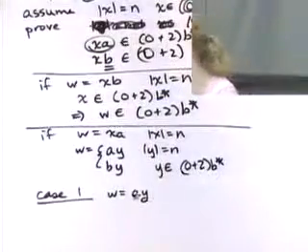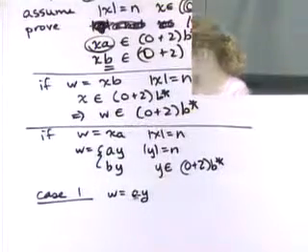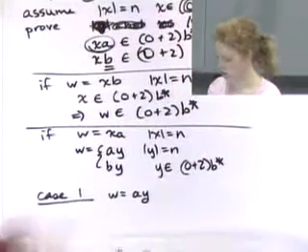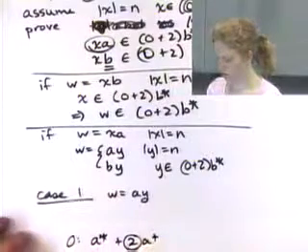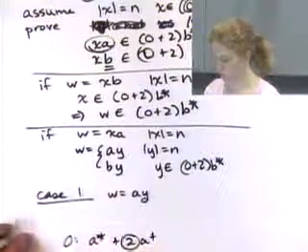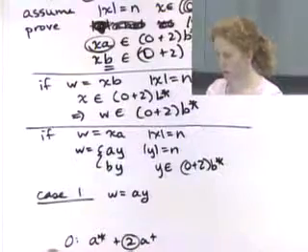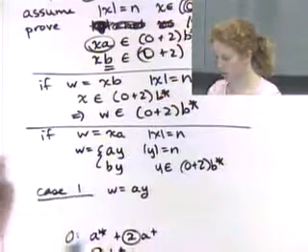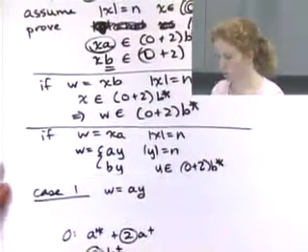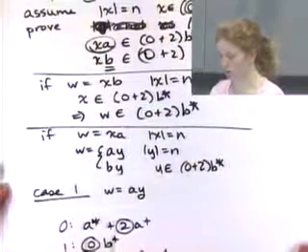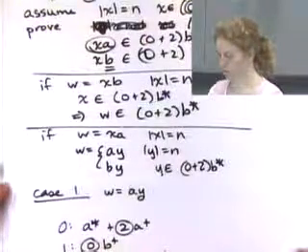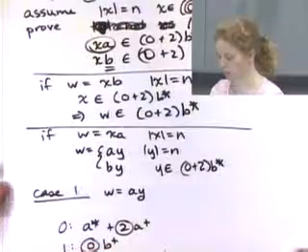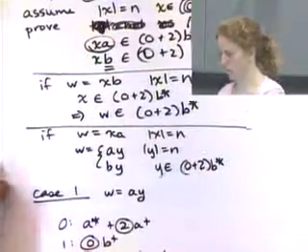So now if W is equal to AY, we have that 0 is equal to A star plus 2A plus, and 2, let's see, I have to look at this.